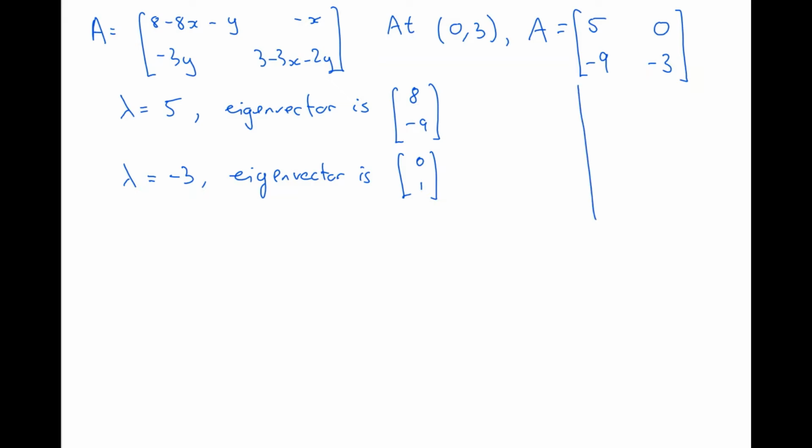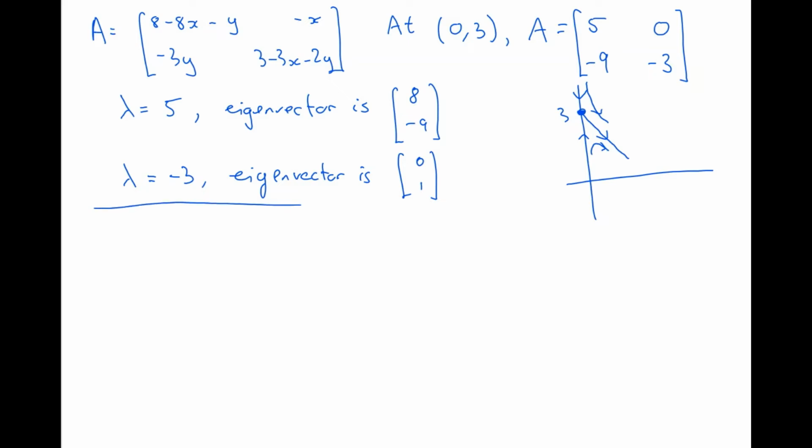So that means the phase portrait near 0, 3 will look like this: one eigenvector is in the direction 0, 1. Well, that's the part I already knew about. The other one goes in the direction 8 and negative 9, and I move away. Orbits look like that.